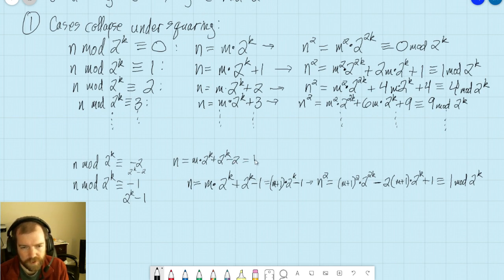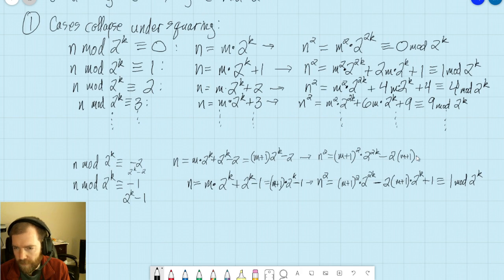So here we still get (m plus 1) again, in parentheses, multiplied by 2 to the k, and then minus 2 on the end. So then here, n squared, just the same as before, is going to become (m plus 1) squared times 2 to the 2k minus 2 times (m plus 1) times 2 to the k. Nope, I'm sorry, that's wrong. Not minus 2. All right, minus 4, and plus 4 in the end, which again is equal to 4 mod 2 to the k.